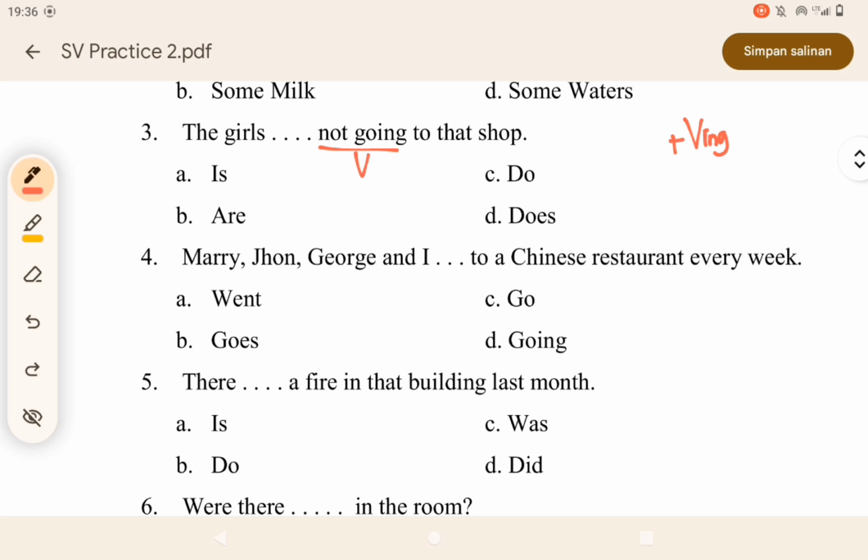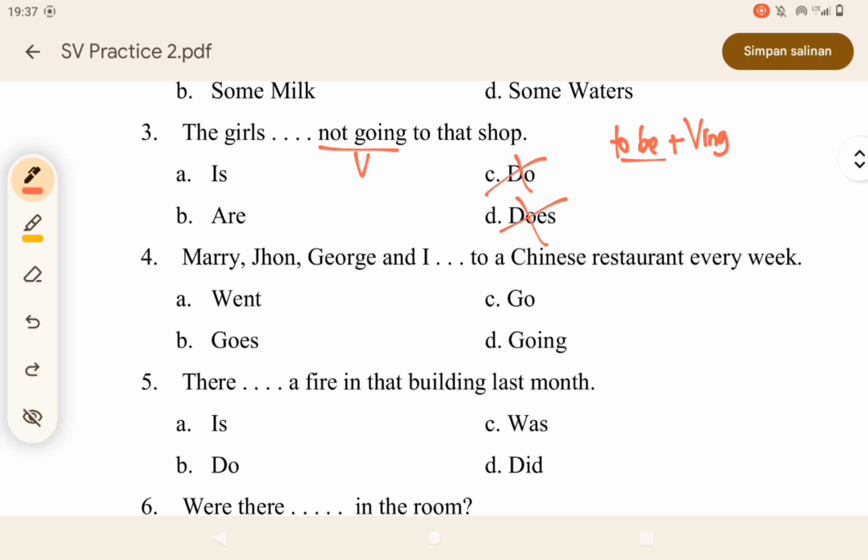It cannot stand alone. We have to add the to be here. Okay, since we are looking for the to be, it means that do and does are eliminated. It means that since we're looking for to be, so we have to eliminate do and does because it's not be form. So the remain options are is and are.